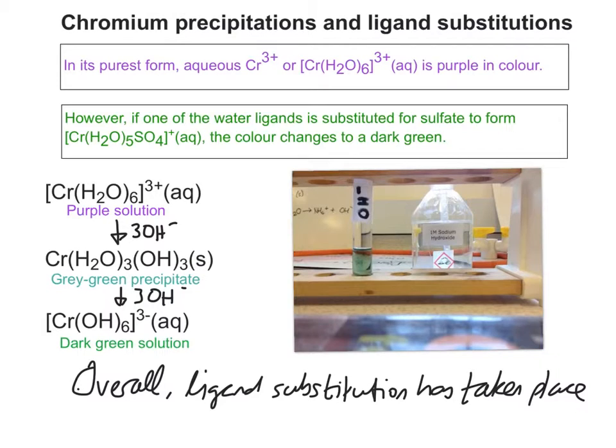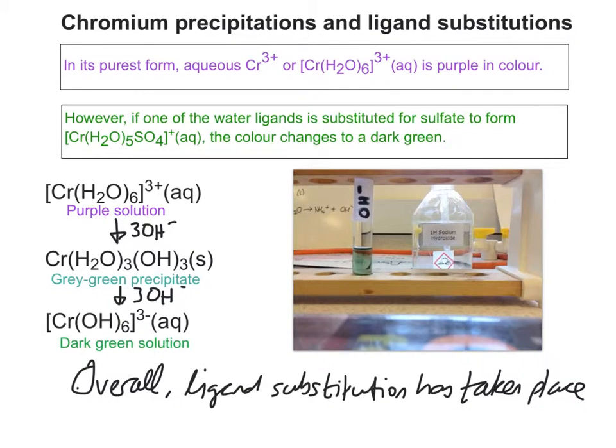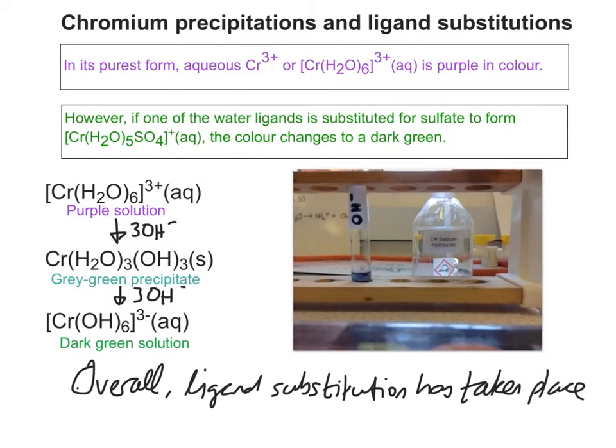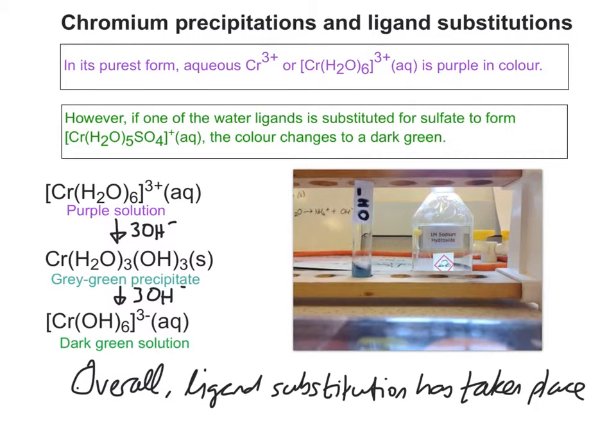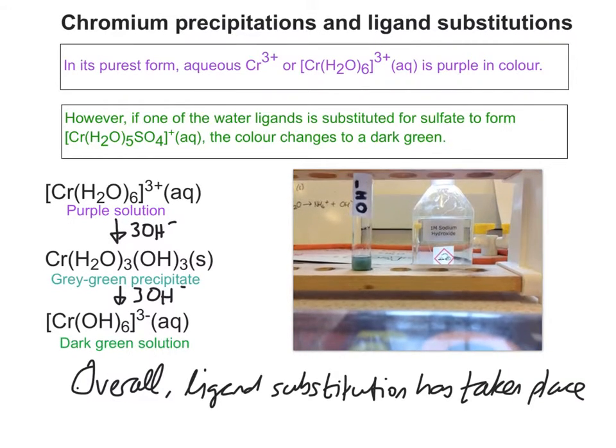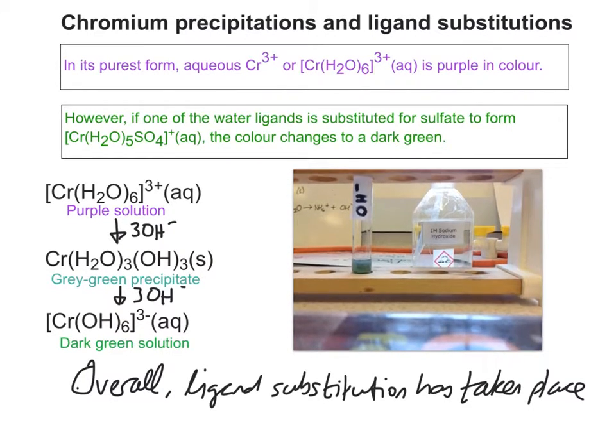So looking at it one more time from the beginning, you start with a purple solution, you end up with a grey-green precipitate.